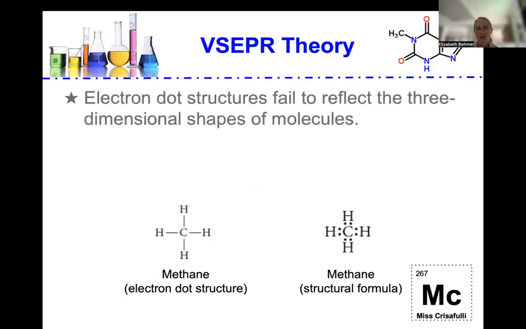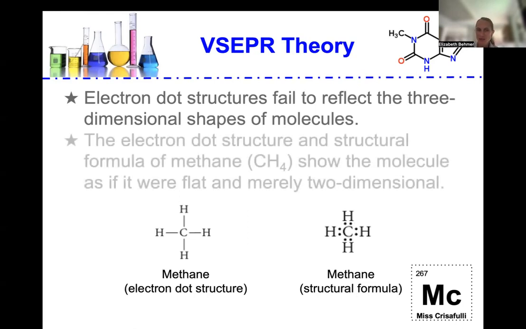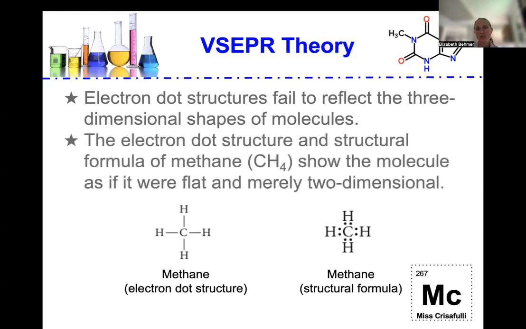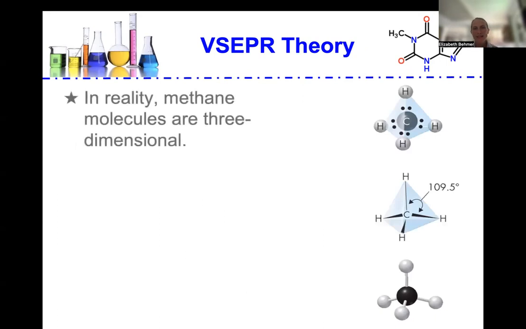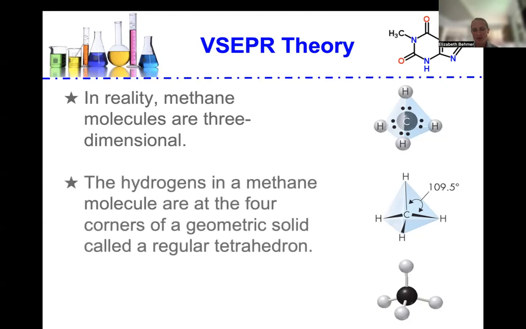Electron dot structures fail to reflect the three-dimensional shapes of molecules. The electron dot structure and structural formula of methane, for example, show the molecule as if it were flat and merely two-dimensional. In reality, methane molecules are three-dimensional, and this is where we get into VSEPR theory.